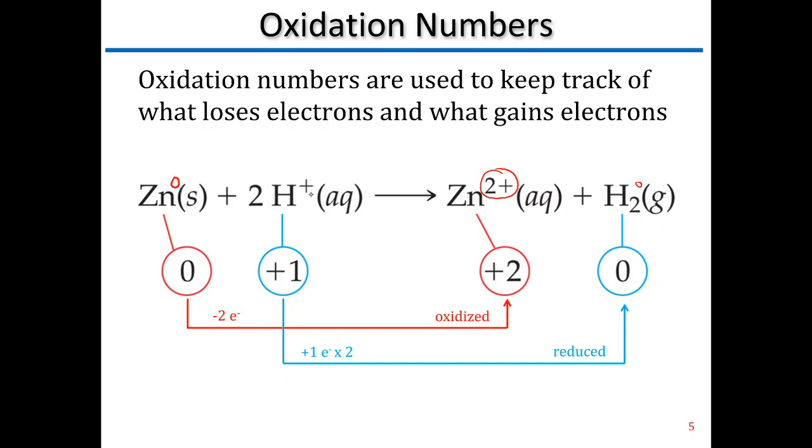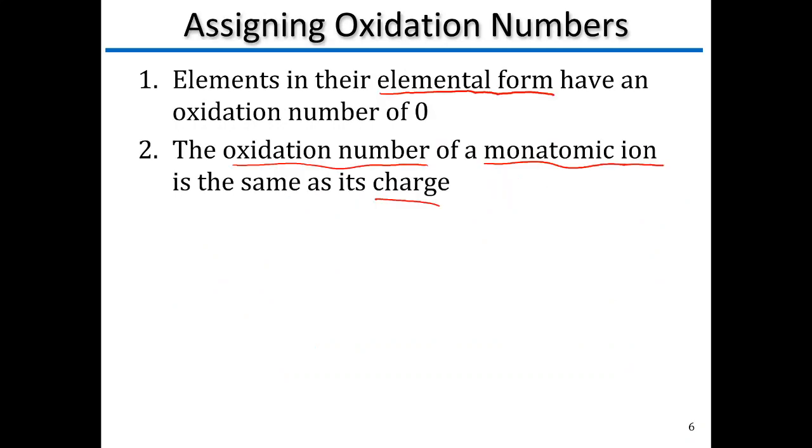It has a +1 charge, so it also has an oxidation state of +1. And same thing here, zinc has a charge of +2, and also has an oxidation state of +2. So that's our second rule: the oxidation number of a monoatomic ion is the same as its charge.